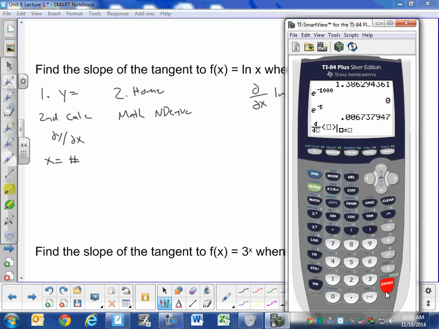Now, there's two things that could show up. This that you see here, all the way down to 8, or you could see nDeriv. Who sees nDeriv in their calculator? Raise your hand. Okay, we'll get to you guys next. If you see this, this is what you would do.